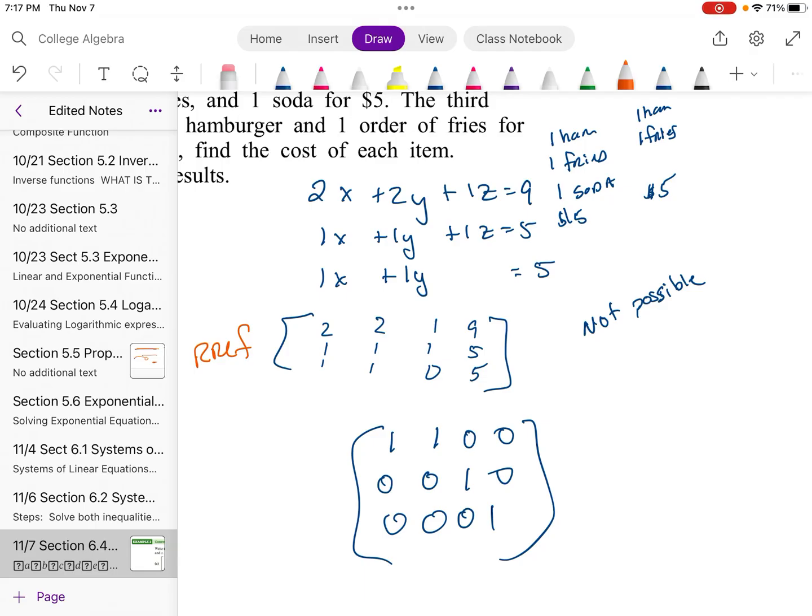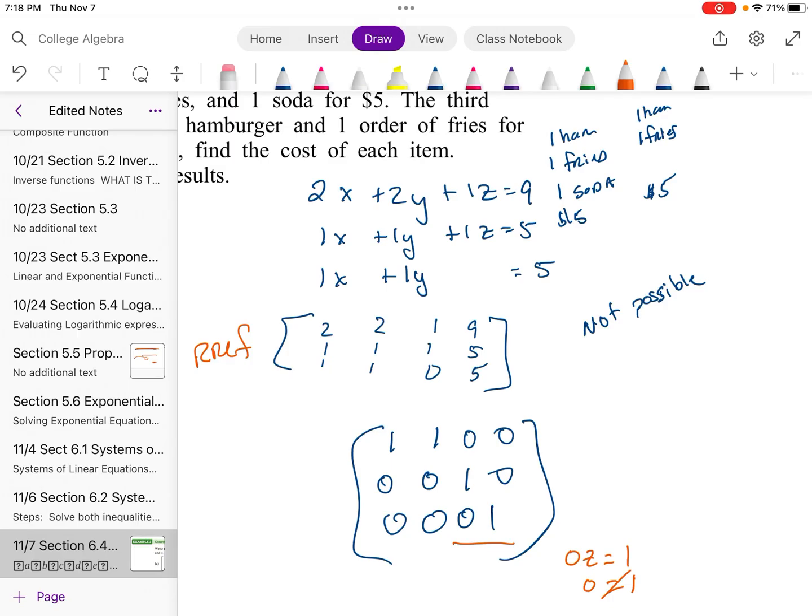When I look at the bottom row here, it could be any row, there's a contradiction: 0z equals 1, and so therefore 0 equals 1, and we know that's not true.